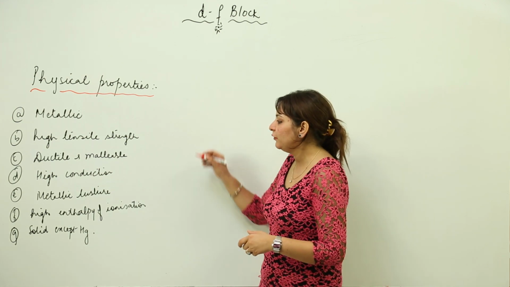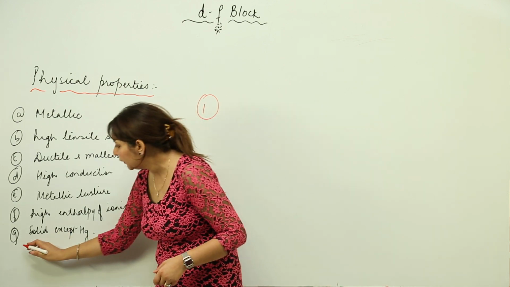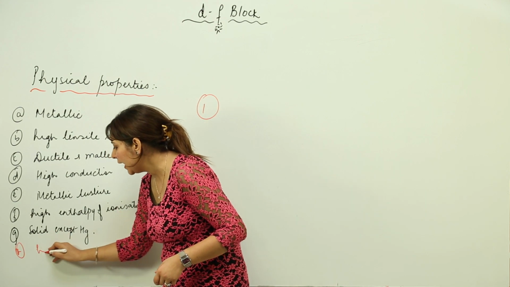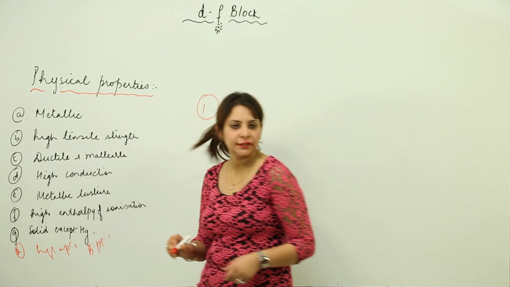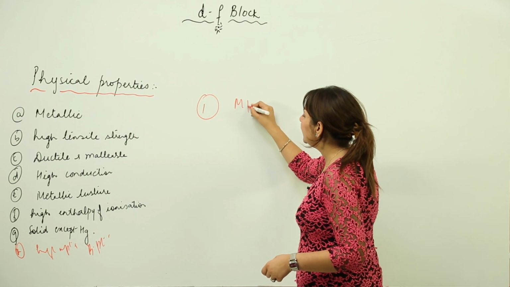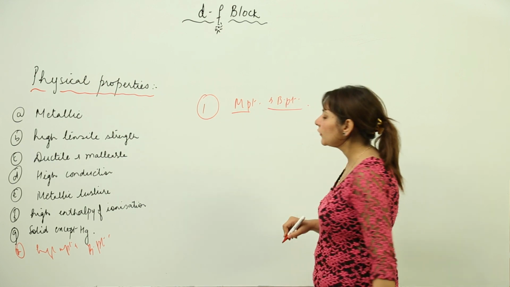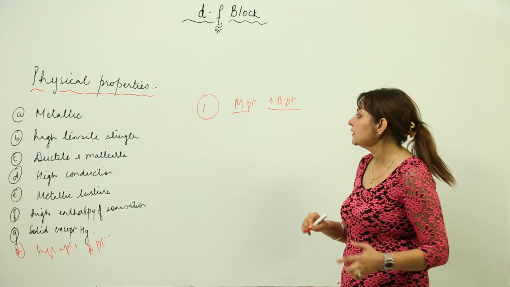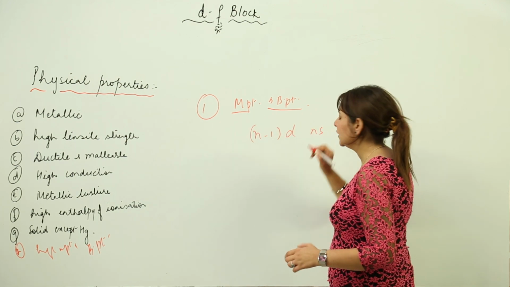So the first property we are taking into consideration, as I told you, that I just missed, is that they have high melting and boiling points. Now what is the reason that they have high melting and boiling points? The reason behind this is, we know that in them there is this d orbital and we have this valence shell.